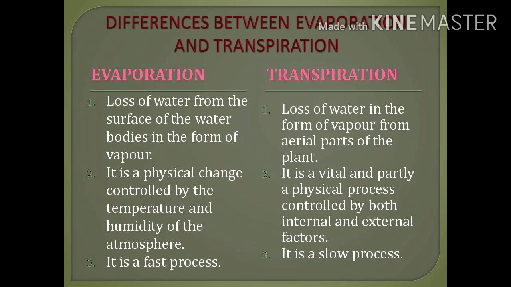Evaporation is a fast process. In transpiration, stomata open in light and thus more transpiration occurs in the daytime. In evaporation, there is no direct effect of light. So these are the major differences between transpiration and evaporation.